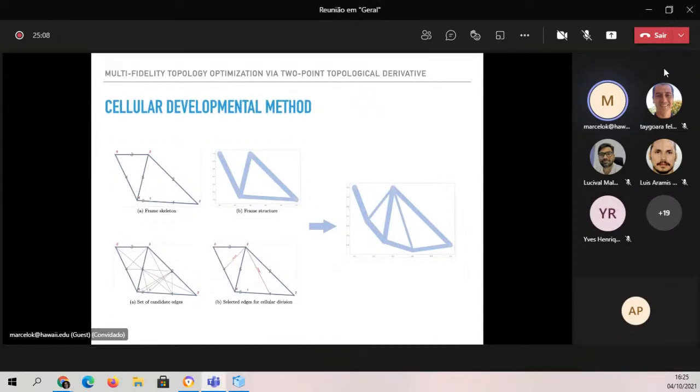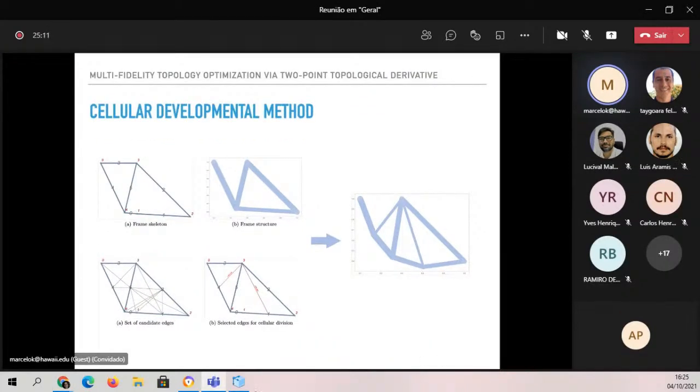So to illustrate it, I have a certain stage of the development. What I have shown on the top left is the frame skeleton. Underlying my structure, I will have a frame skeleton, which is a graph. And then on top of that skeleton, I'm going to use a simple protocol that is just going to thicken those members and then get the Boolean union of them. And then I get the frame structure that you see on the top right.